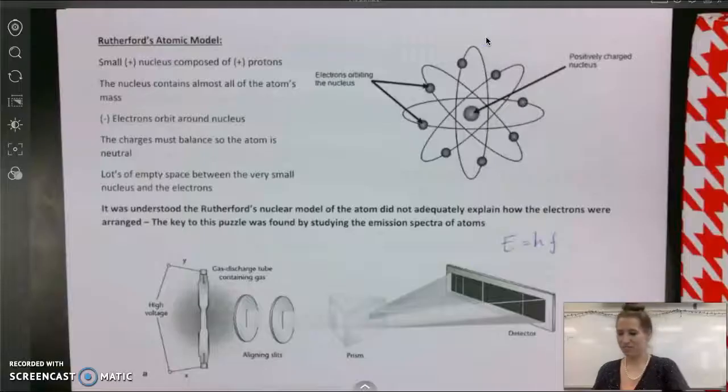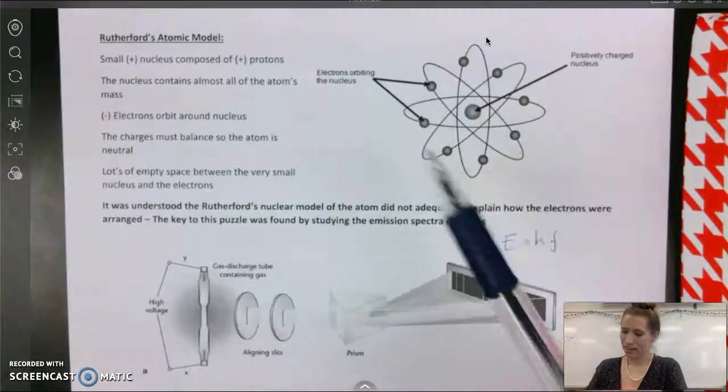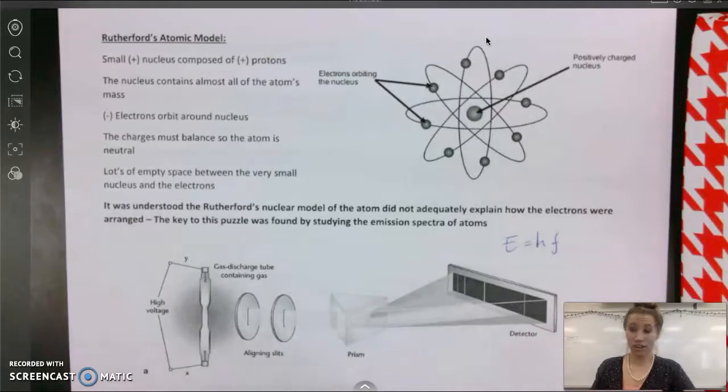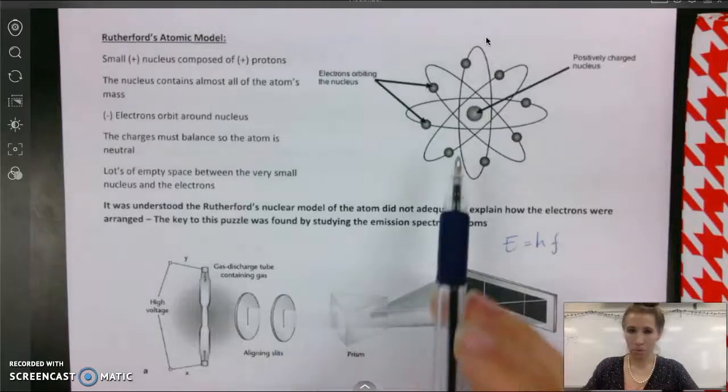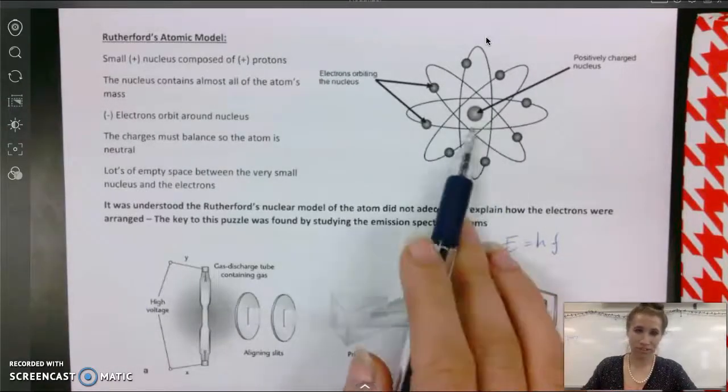Okay, let's continue. So, we have our electrons around a nucleus that contains most of the mass of the atom. There's a problem here that even Rutherford recognized.